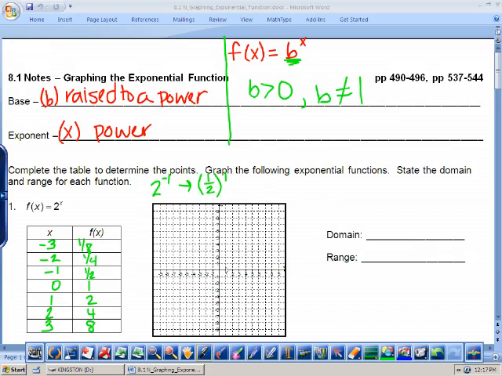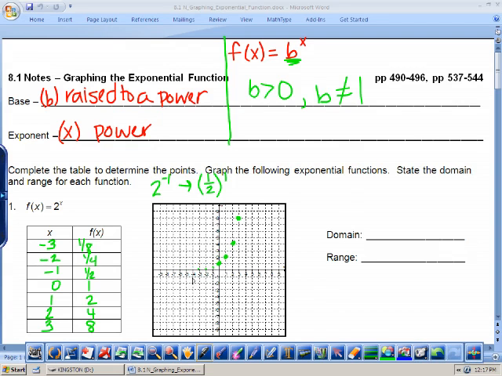All right, let's plot this. So if you have a positive base, that means that your f of x value will never be negative. Let's look at the graph real quick. What's going to keep happening as your x value decreases? It gets closer and closer to 0.